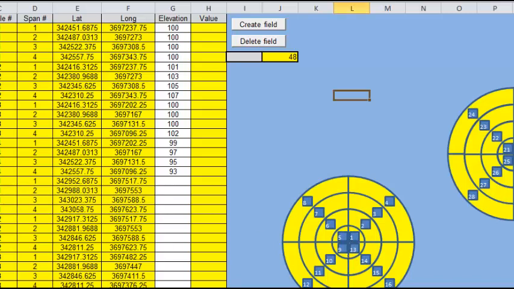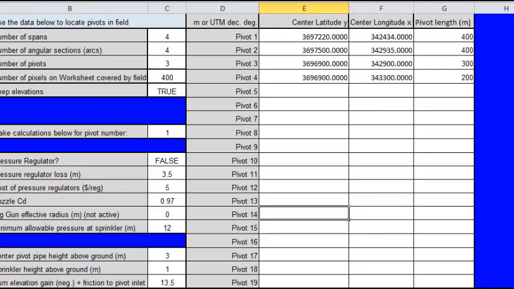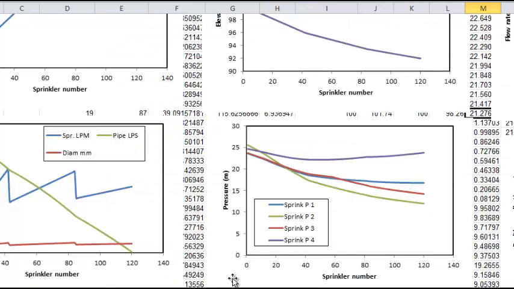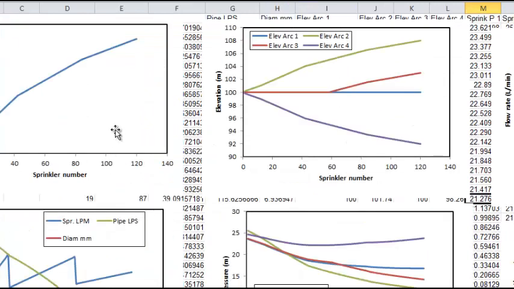So we can go back to the CP parameterization page, click the Center Pivot Seasonal Simulation button, and now we can go to the CP Flow Output page, and this calculates all of the center pivot flow rates and so on. And so here's the sprinkler numbers.